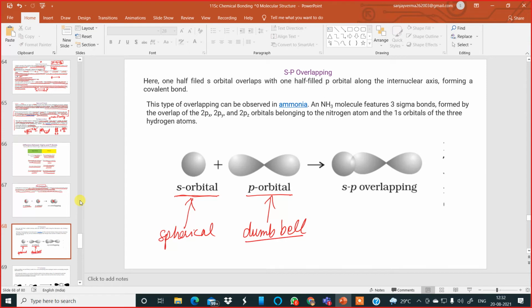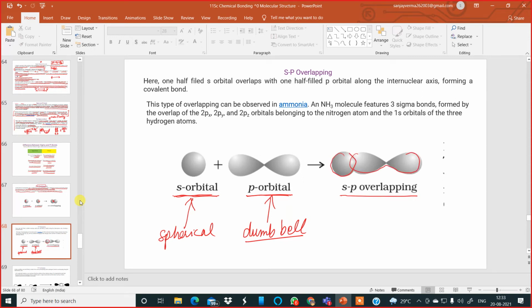So whenever an s orbital and a p orbital overlap, this mixing of orbitals comes under a topic called hybridization. Mixing of atomic orbitals results in hybrid orbitals. This overlapping of s and p orbital is called sp overlapping. The s orbital is spherical, the p orbital is dumbbell shaped.